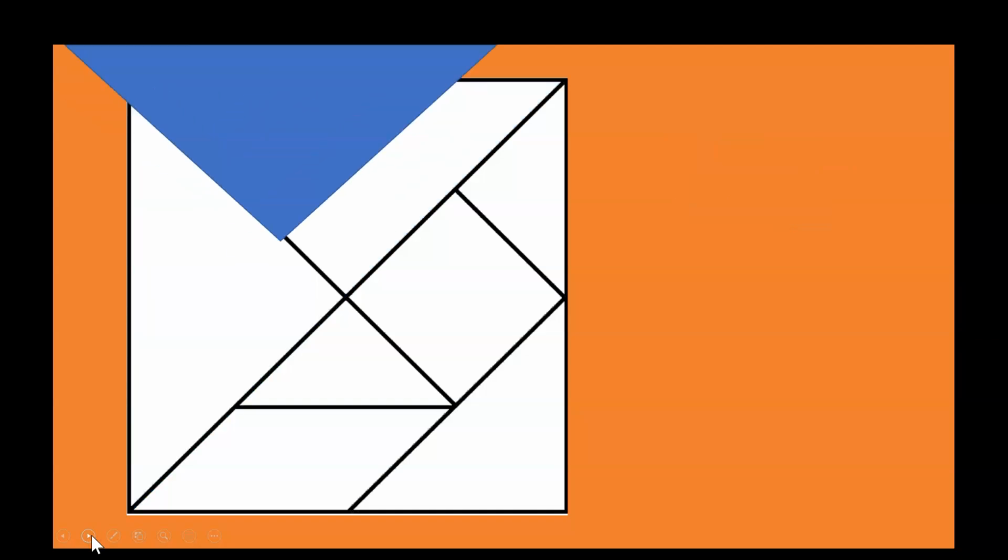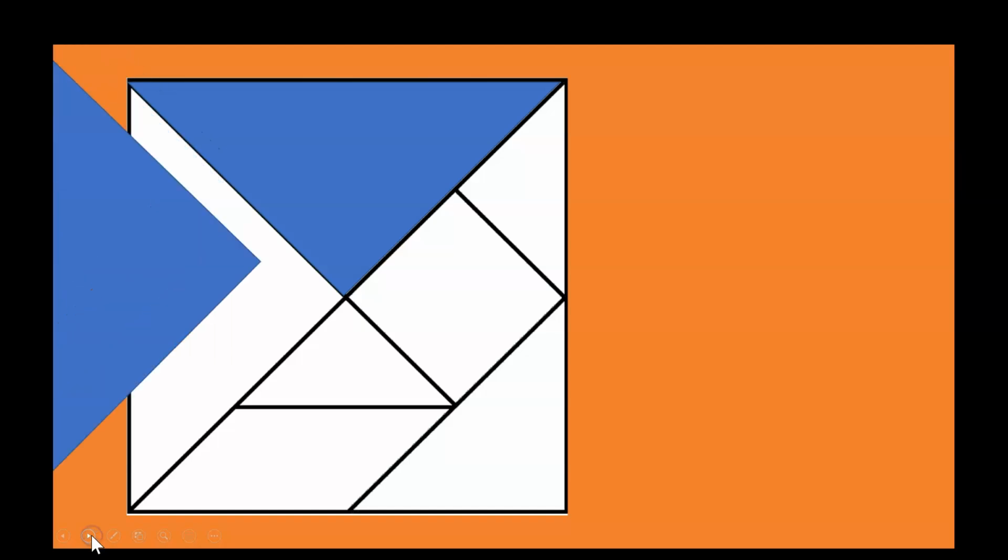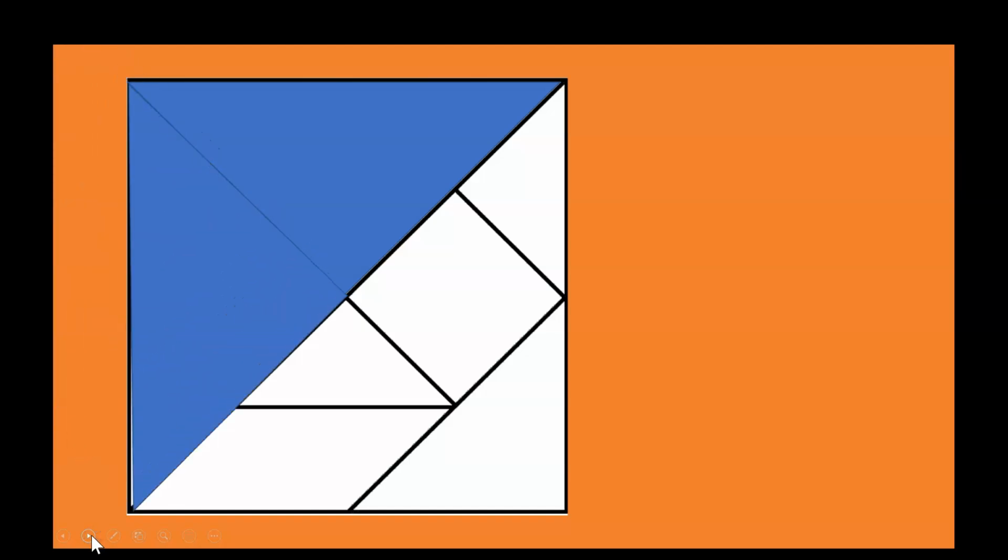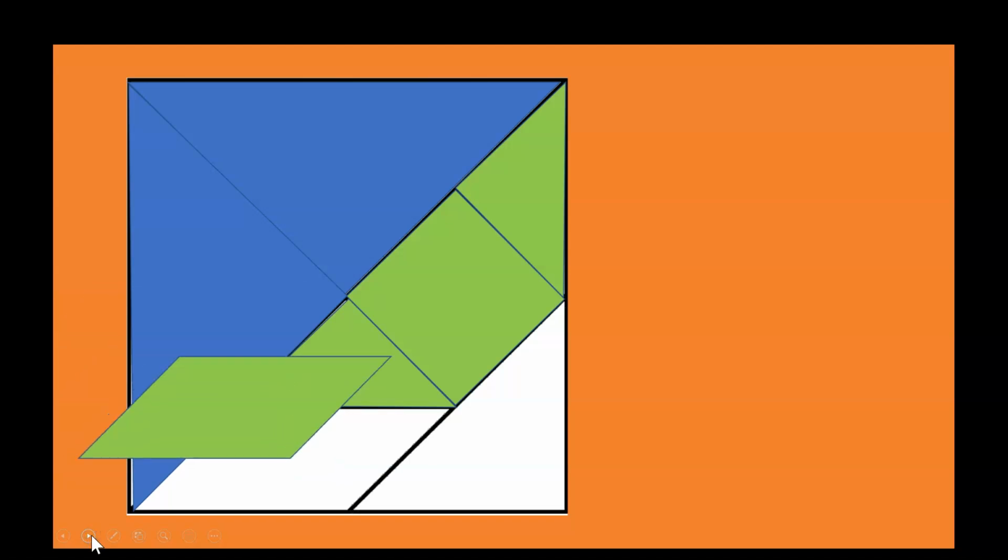Now let's look at the bottom part. So the bottom part is still white here. We've got a triangle here. I'm going to make these green. We've got a triangle. We've got a square here. Got another triangle. We've got a quadrilateral down here.